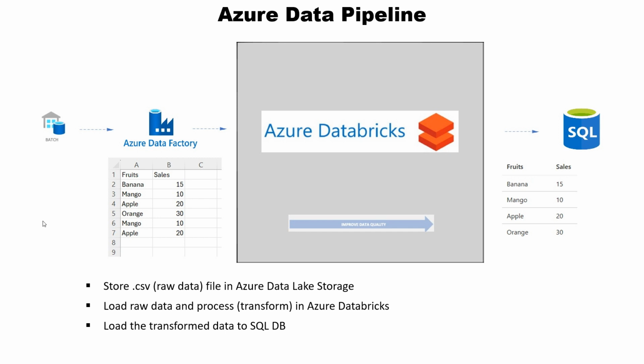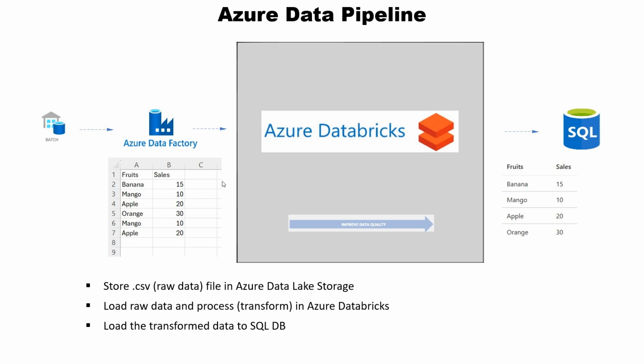Assume if we take one real world example, assume there is a market, a fruit market. Fruits sales data is produced from multiple sources and dumped into the same .csv file.